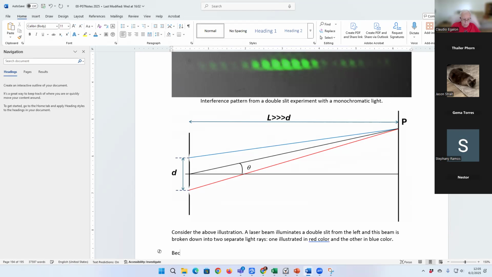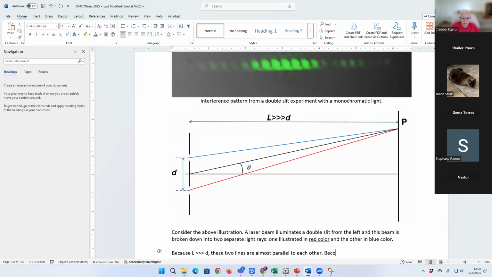Okay, because L is much greater than D, the separation of the slits, these two lines are almost parallel to each other.